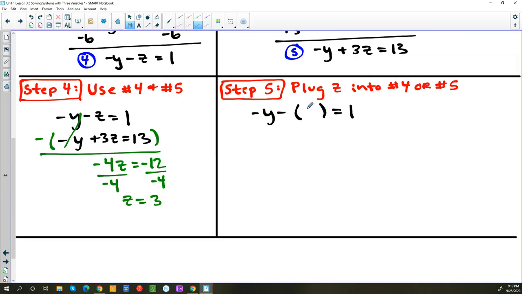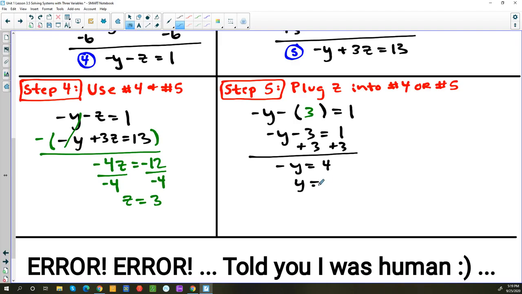So z was 3. So we have negative y minus 3 equals 1. Add 3, add 3. We end up getting negative y equals 4. So again, if we divide by negative 1, we end up getting y is equal to 4.